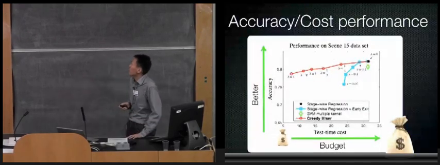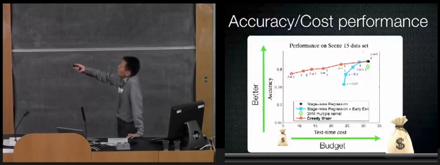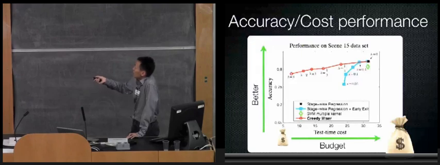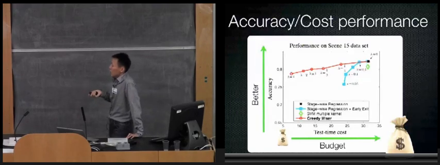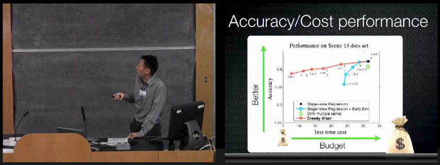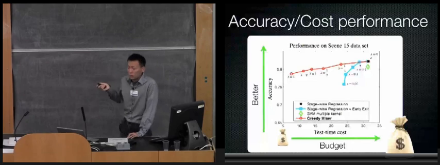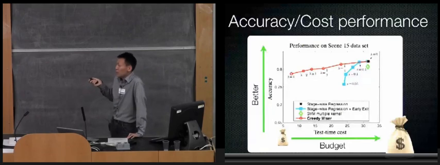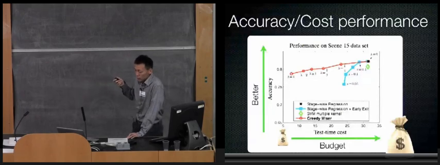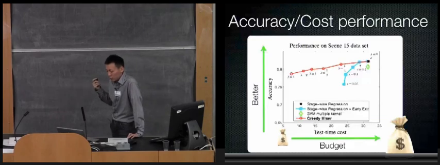And here's the cost and accuracy performance. As you can see, the y-axis is the accuracy. The higher, the better. The x-axis is the budget. And same as before, stage-wise regression, which is a cost-insensitive algorithm, is really high in accuracy, but it's really expensive as it extracts all the features and trees.